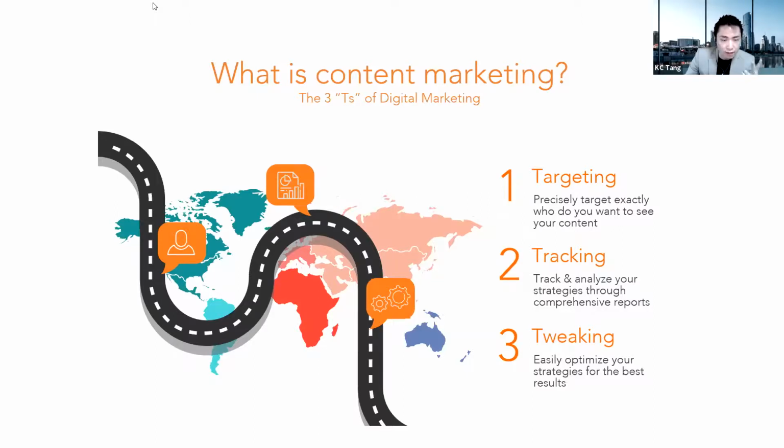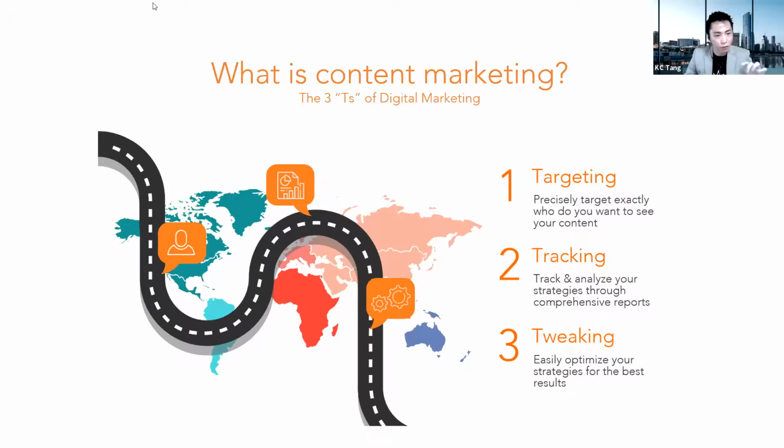And the second T is the tracking capability. Not only could we target, but we could also track and analyze based on analytics. In traditional marketing, we always heard people saying that half of the money I spend on marketing is wasted, but the problem is I do not know which half. In digital, you could know very clearly: I spent X amount, what are the results?